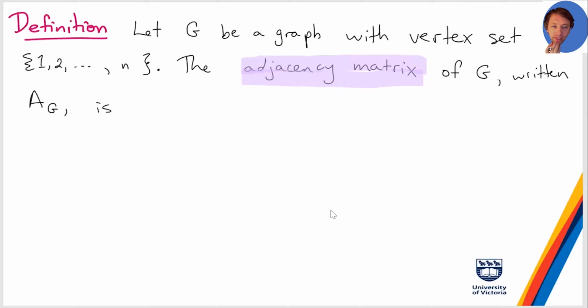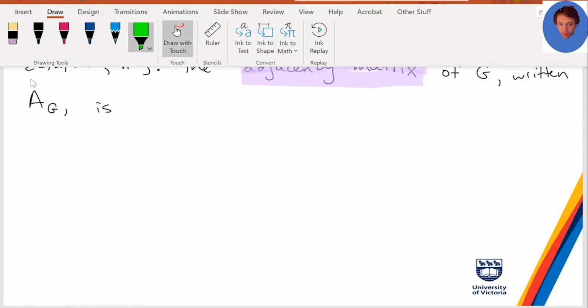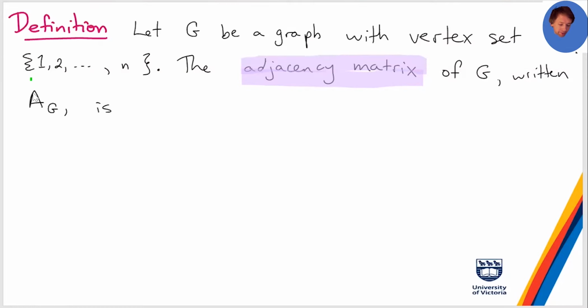Okay, so probably this is a definition people have seen before: the adjacency matrix of a graph. In general, the adjacency matrix has a row for every vertex and a column for every vertex. If you look at the row corresponding to vertex u and the column corresponding to v, that entry is 1 if and only if u is adjacent to v.